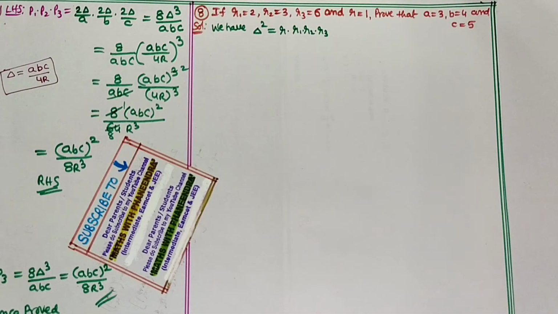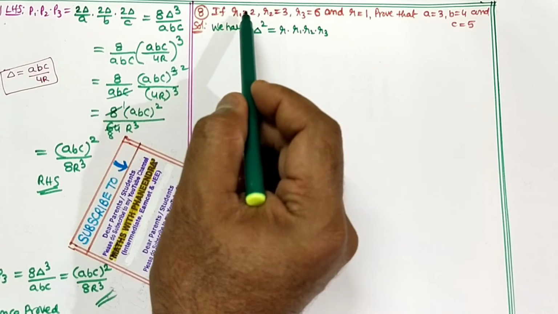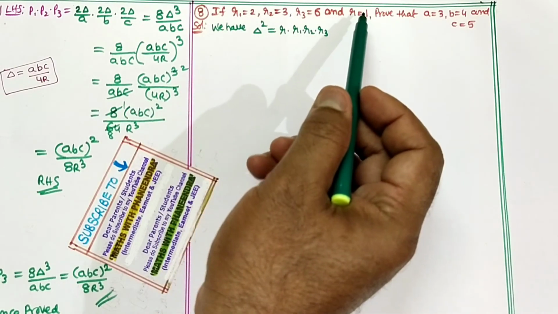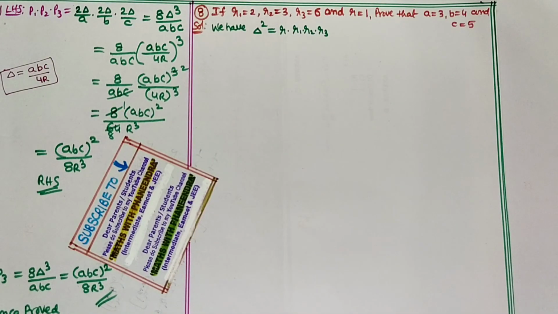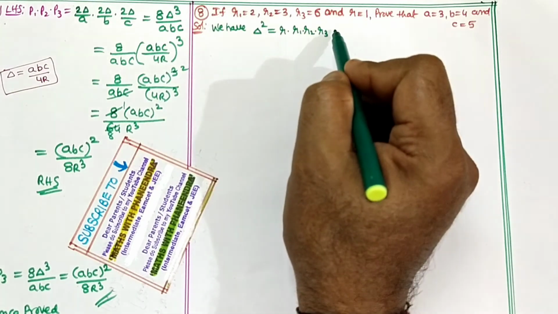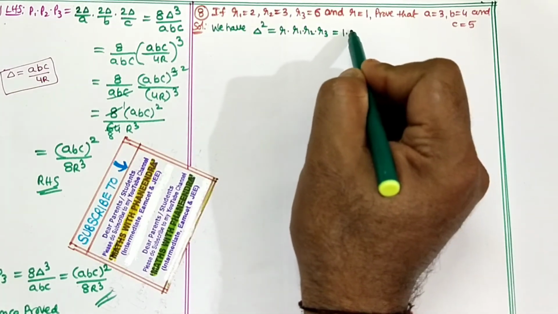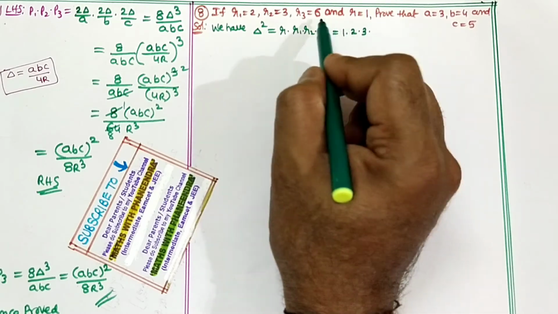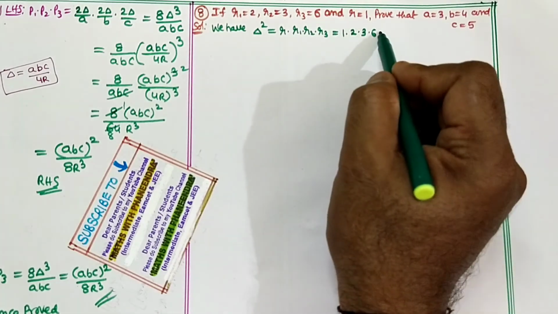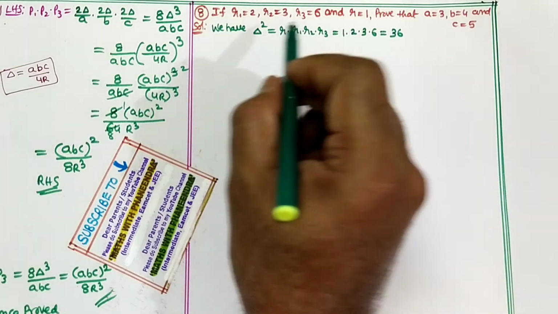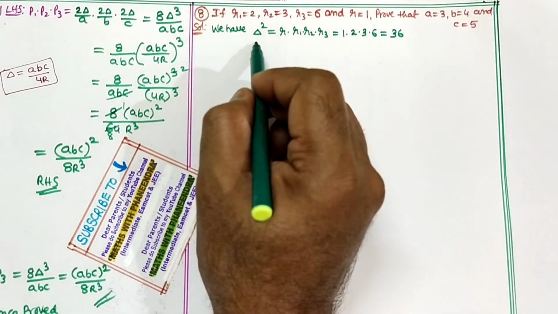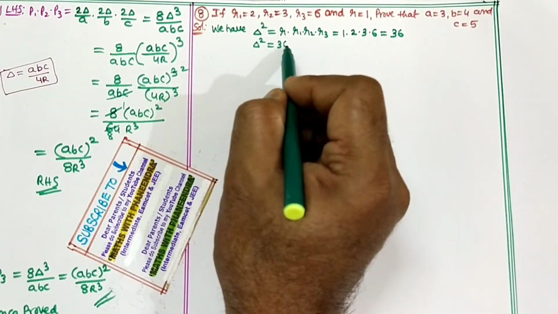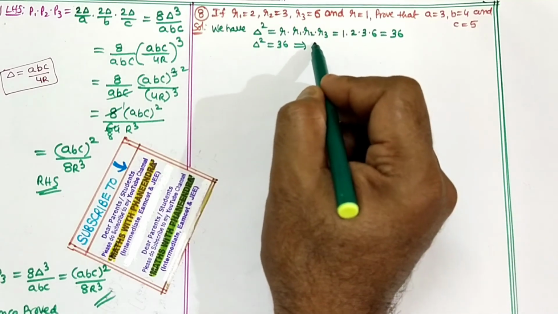We can apply only delta square whenever we know the values of R1, R2, R3 and R. You need to get the value of delta square. So substitute these values. R value is 1, R1 value is 2, R2 is 3 and R3 value is 6. So it will become 36. So delta square equal to 36. That implies delta equal to 6.